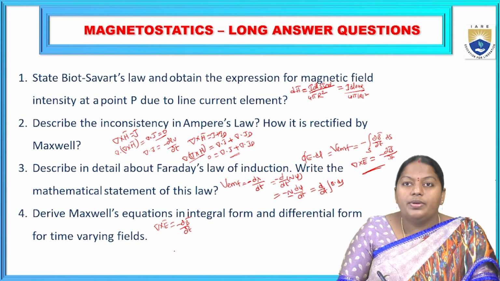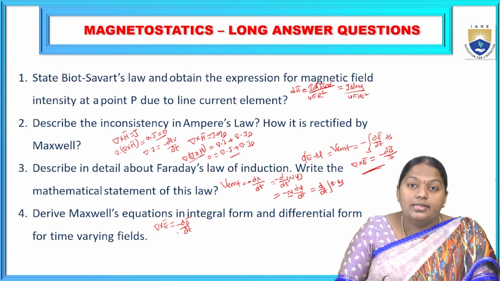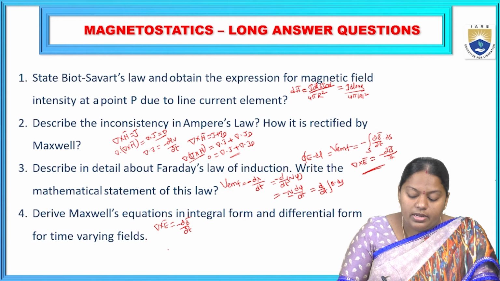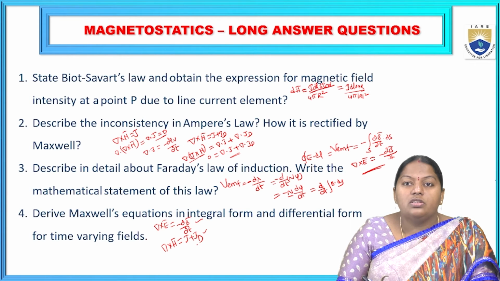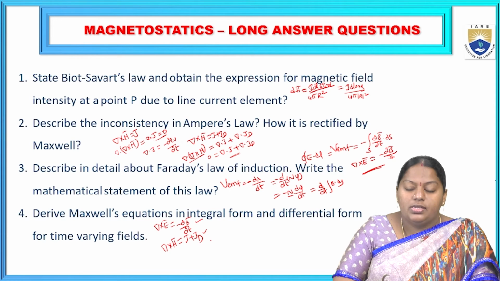And according to Ampere's circuit law, in order to avoid the inconsistency which exists in it, we will add an extra term to J, called J_D, the displacement current density, that is given by del cross H̅ is equal to J plus J_D. These are the two point form or differential form Maxwell's equations which are to be derived in the case of time varying fields.